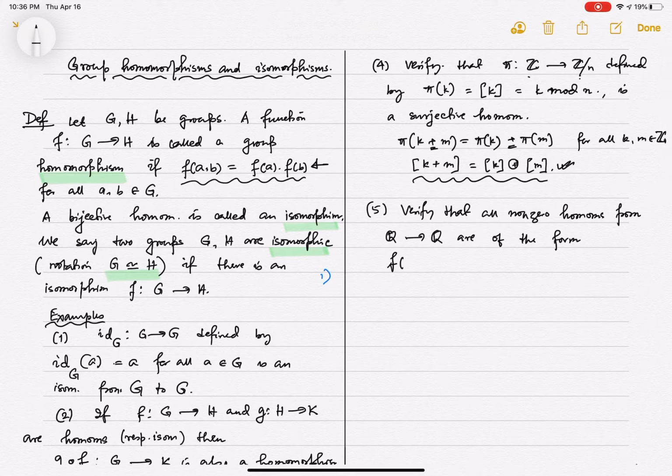It's just multiplication by a fixed number. Like f(a) = 3/2 of a, that's a homomorphism. And all homomorphisms look like this for some number.